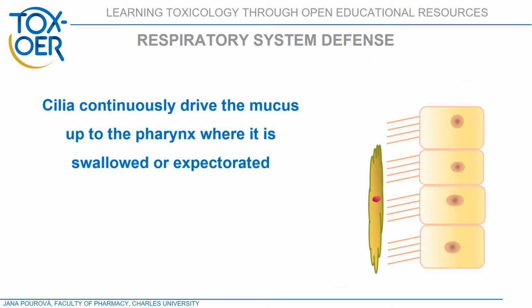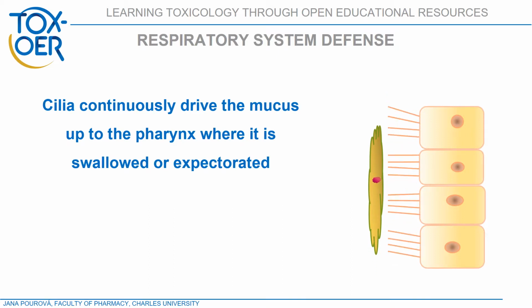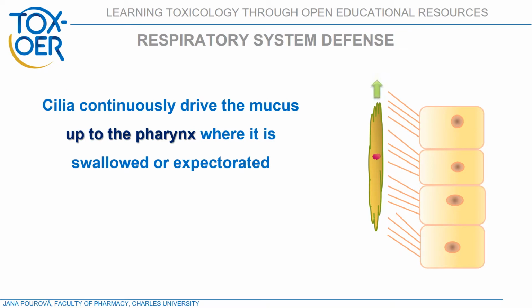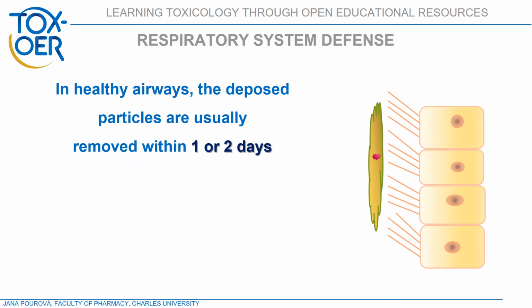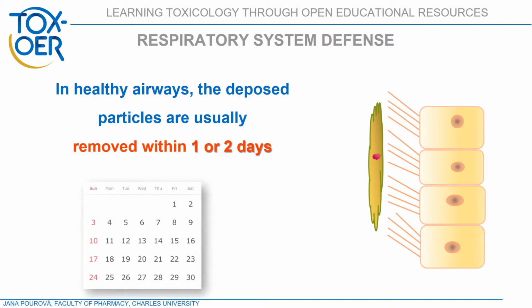Cilia continuously drive the mucus up to the pharynx, where it is swallowed or expectorated. In healthy airways, the deposited particles are usually removed within 1 or 2 days.